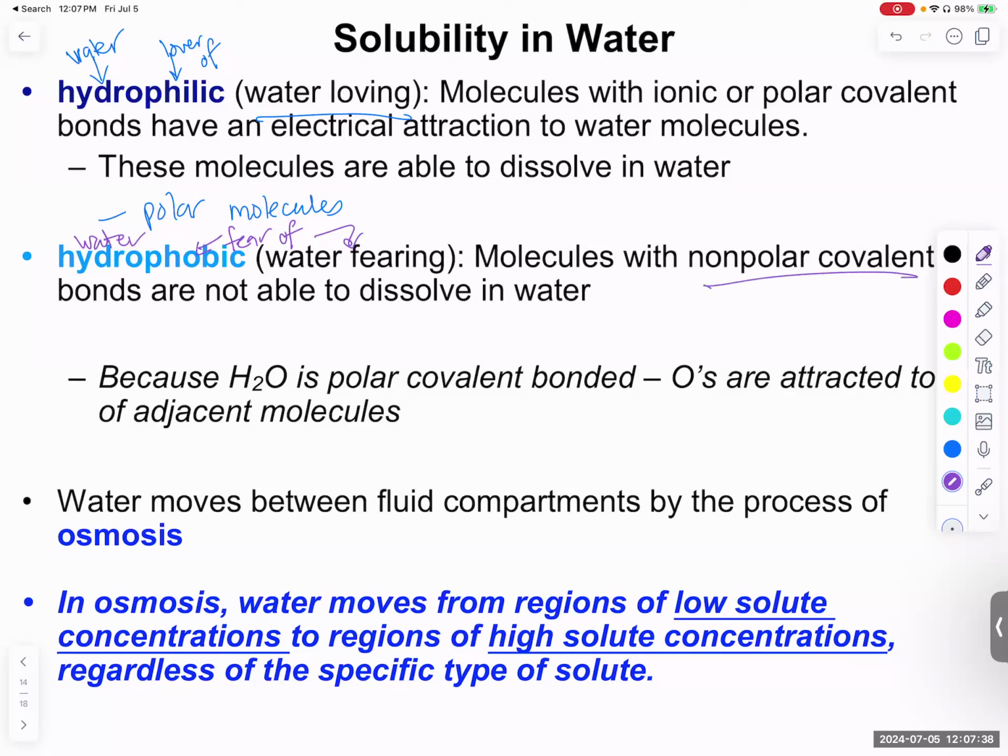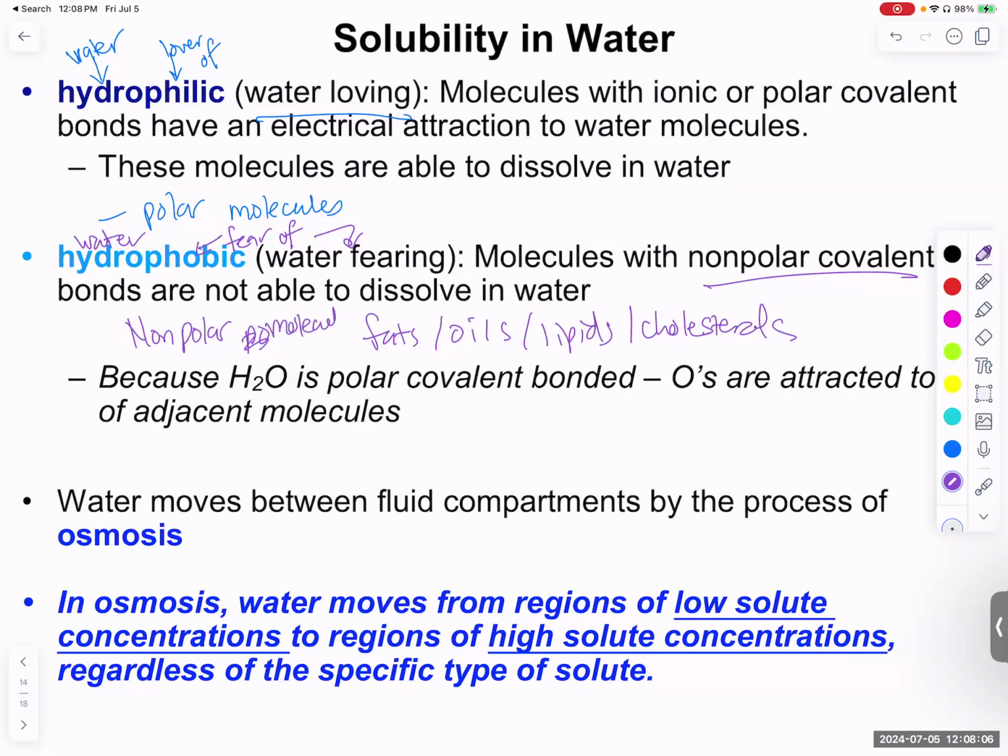These are going to be non-polar, covalently bonded molecules, such as fats, oils, lipids, cholesterols, etc. So hydrophobic means, generally speaking, non-polar.